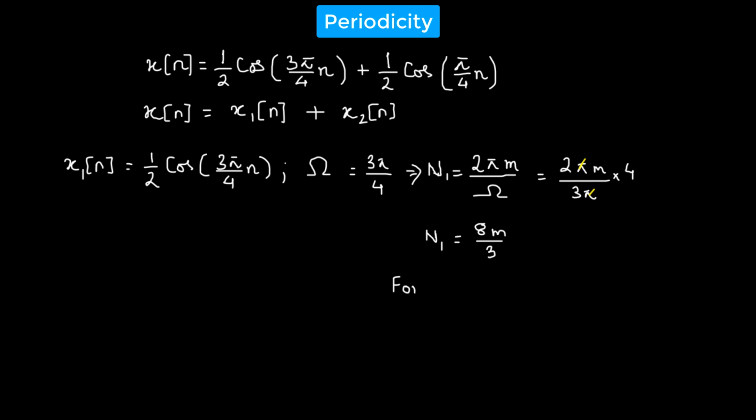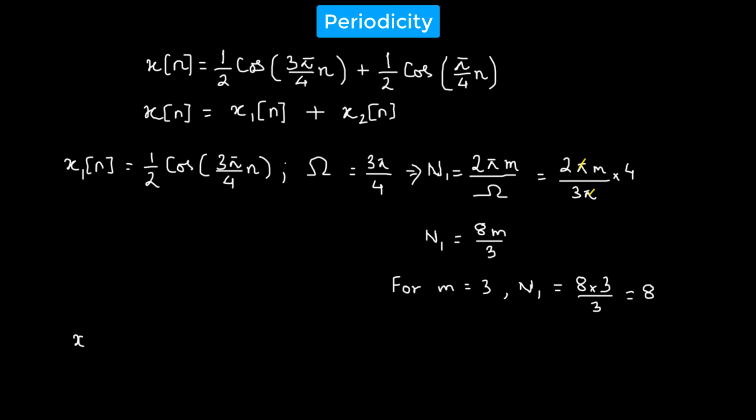For m equals 3, this is the smallest value of m for which n1 becomes an integer. So we have 8 times 3 divided by 3, which gives us 8. So it has a period of 8.